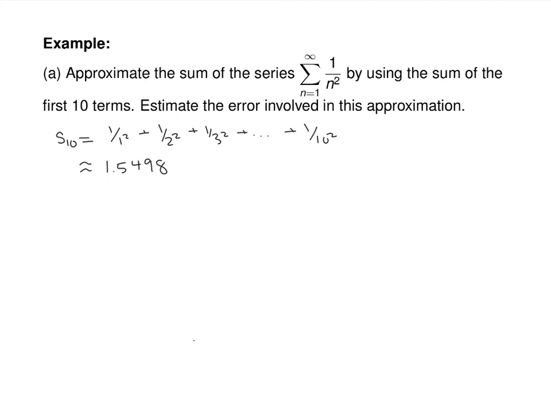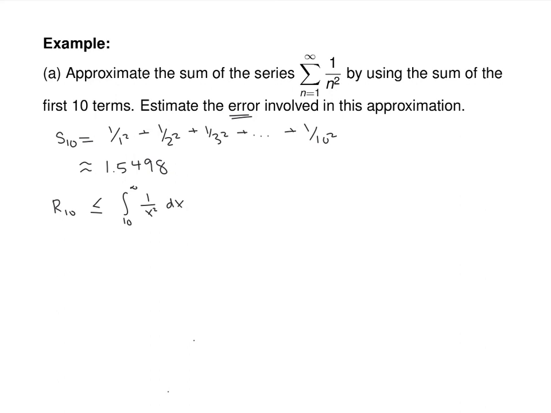And we want to figure out what is the error. So what is the most that we're off by? That's the remainder, R10, the 10 referring to the remainder if we have only 10 things in our partial sum. That's going to be less than or equal to the integral from 10 to infinity of 1 over x squared dx.